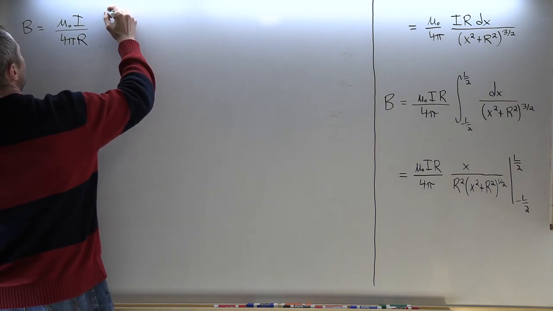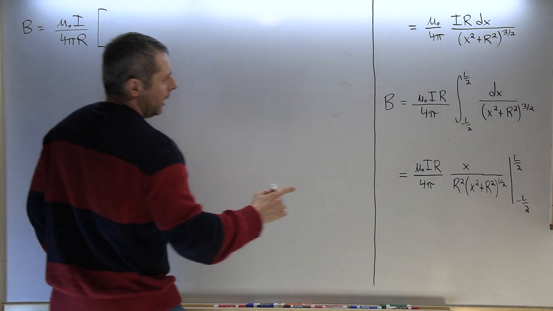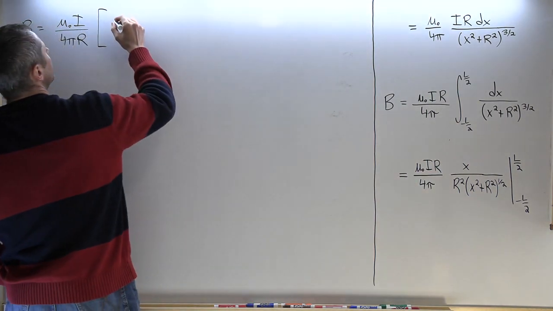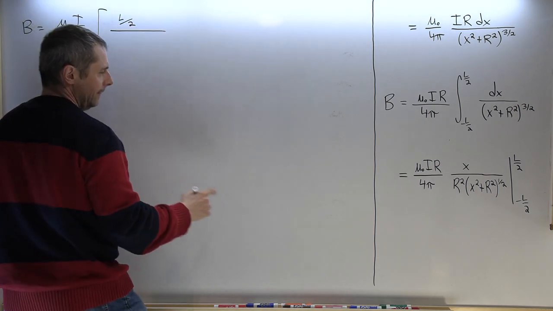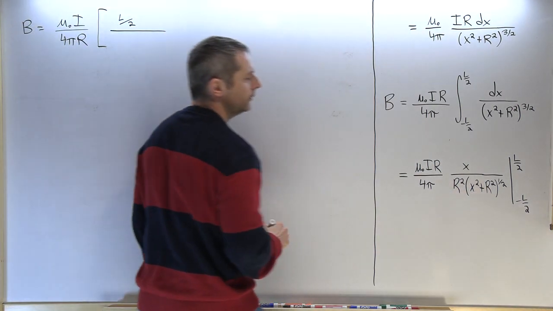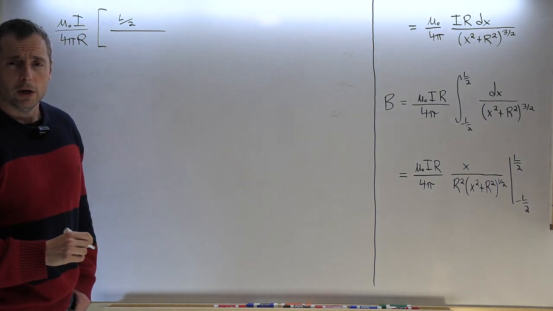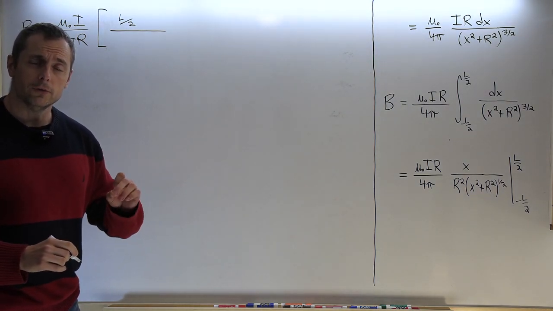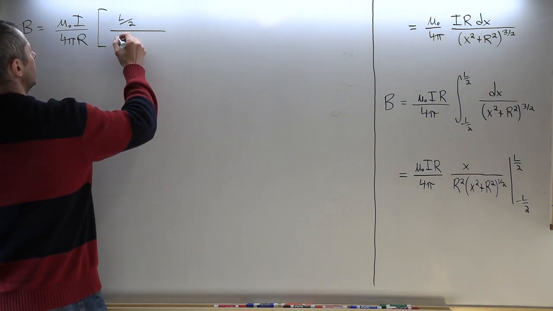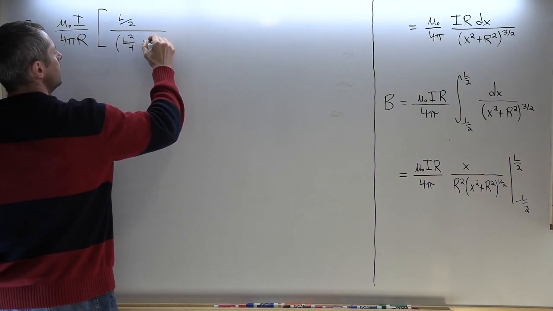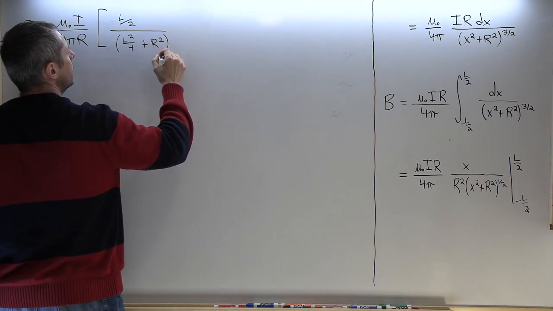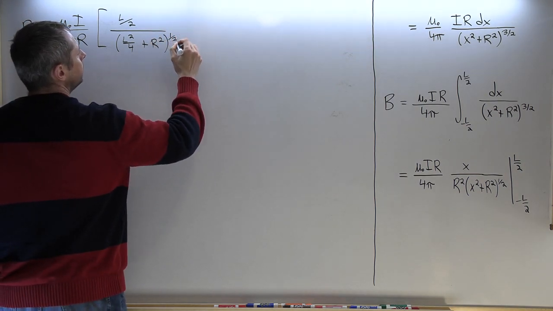And brackets. I plug in L over 2 for x. That gives me up here L over 2. And then x over here, plugging in L over 2, gives me L squared over 4. When I square L over 2, I get L squared over 4, to the 1/2 power.